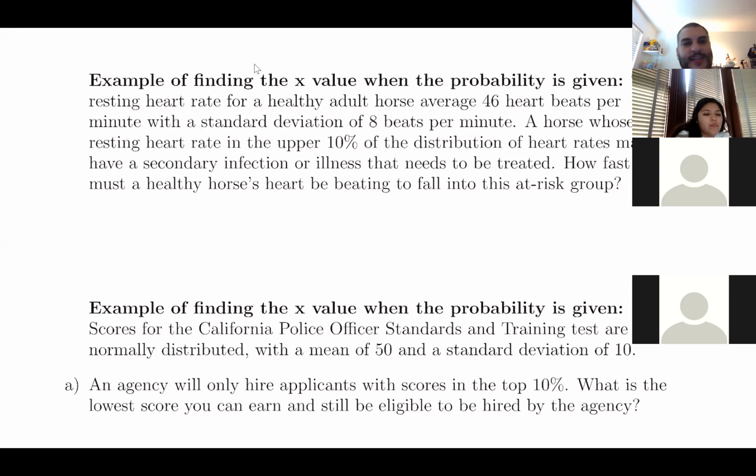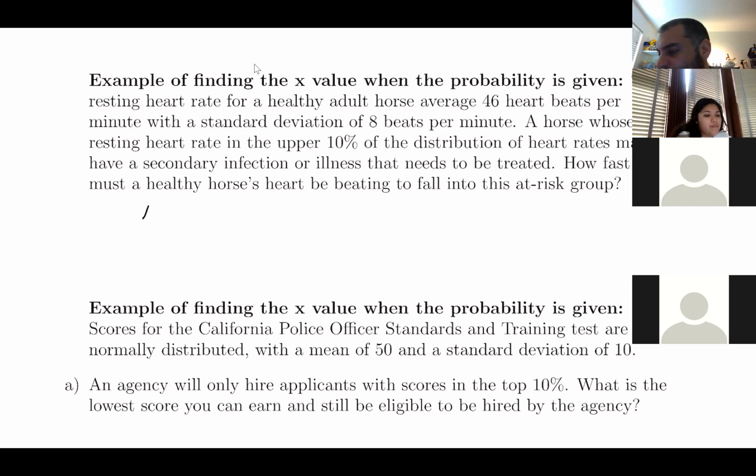A horse whose resting heart rate is in the upper 10% of the distribution may have a secondary infection or an illness that needs to be treated. How fast must a healthy horse's heart be beating to fall into this at-risk group?